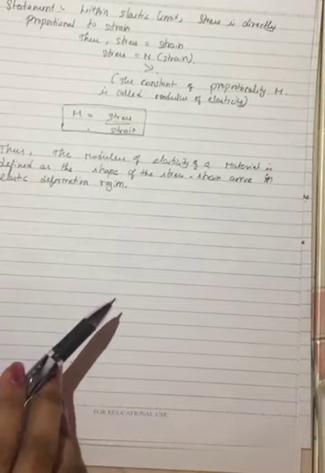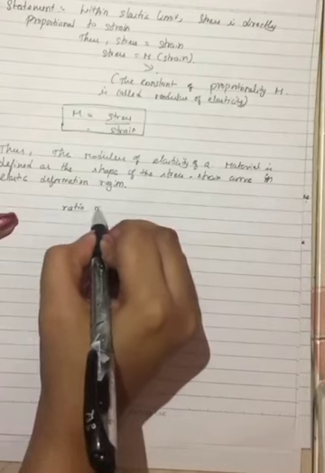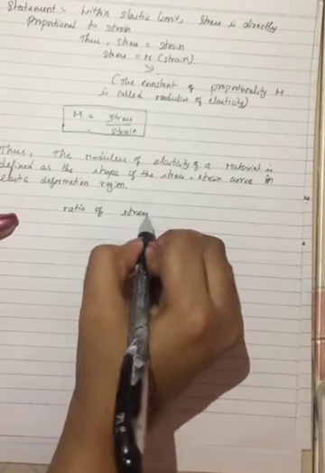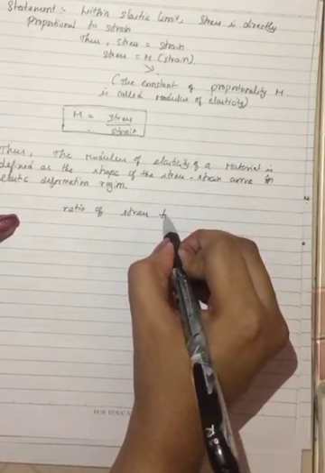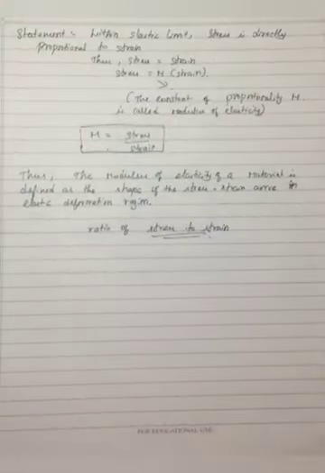Simply we can say that the modulus of elasticity of a material is the ratio of stress to strain. In simple words, we can say this.